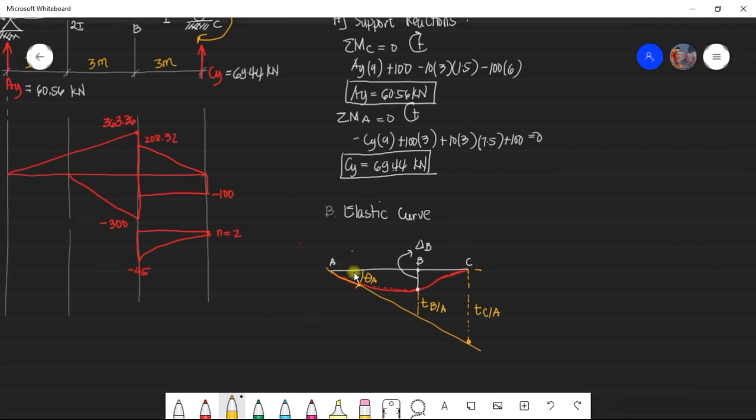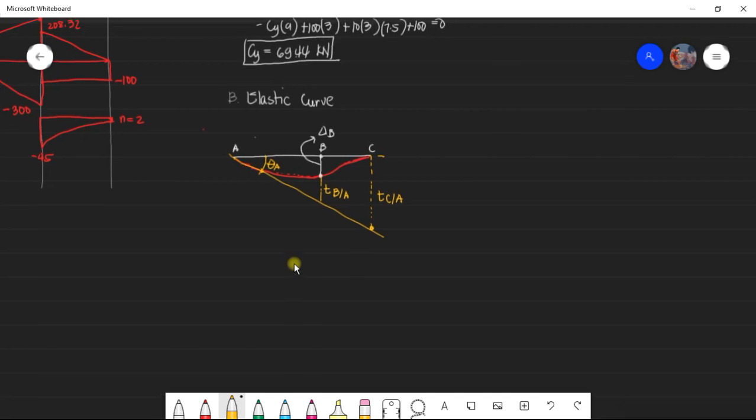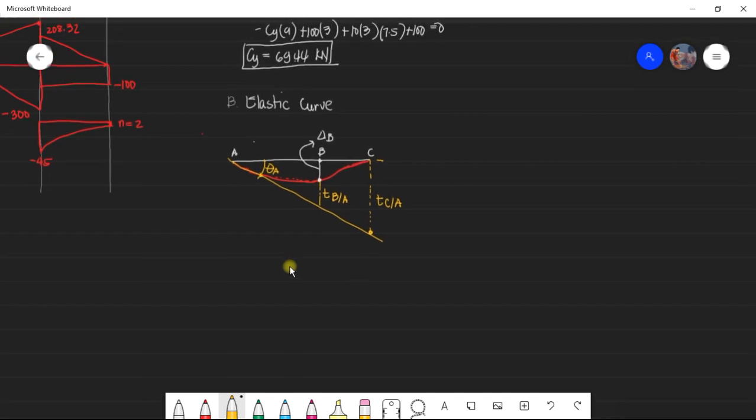Okay, so pwede na tayong mag-solve. So, yung slope sa A, pwede mo i-solve yan. Pero kailangan muna natin, mapapansin mo, meron tayong triangle. Nakikita nyo ba yung triangle? I-redraw ko lang para mas clear. Ito yung TCA.